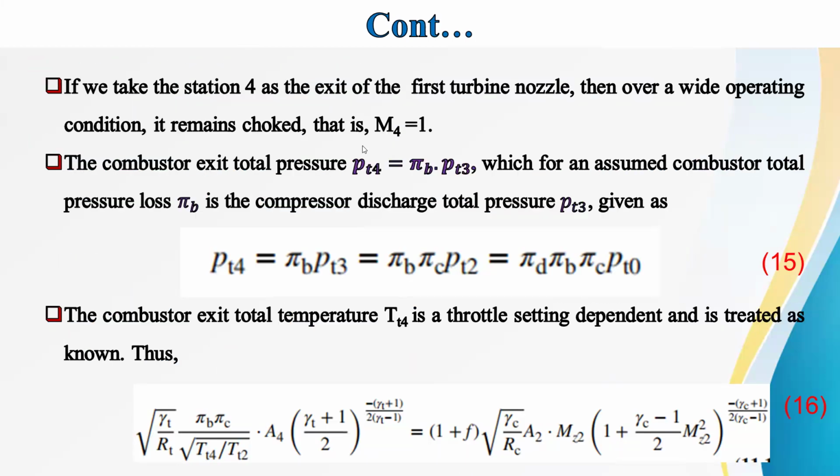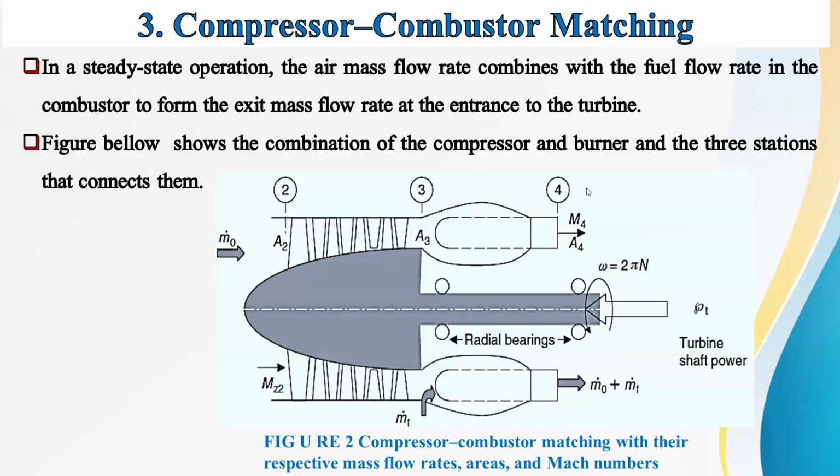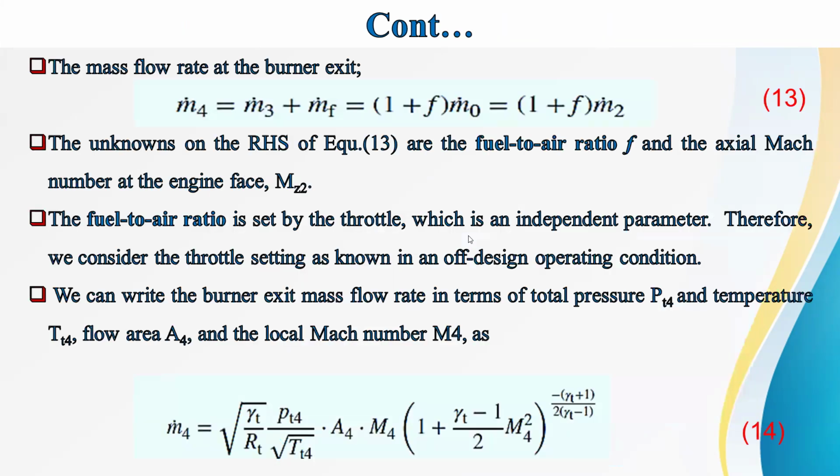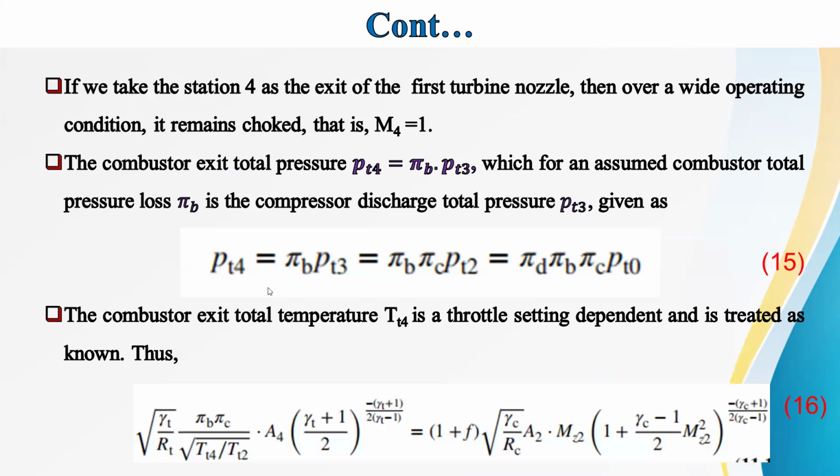The combustor inlet pressure times the pressure recovery gives us the total pressure at the exit of the burner or the combustion chamber. So we have to match these things.